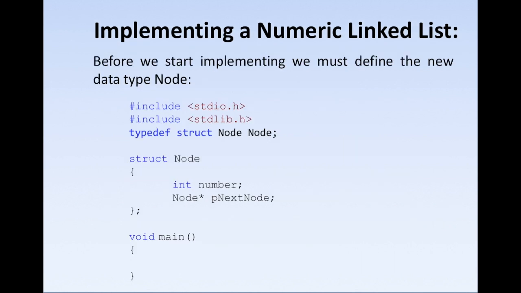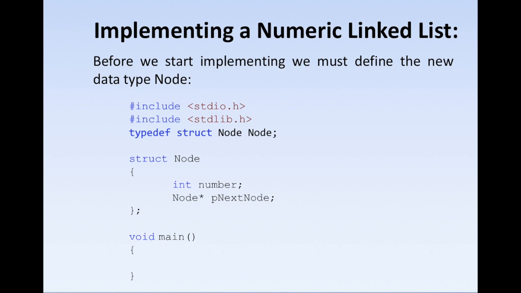In order to implement a numeric linked list, let's look at this example together. Again, you are all asked to actually write this down in C and run the code. Like we did before in stacks and queues, in linked lists we have a different naming. It could have been also item, but here we call it node.